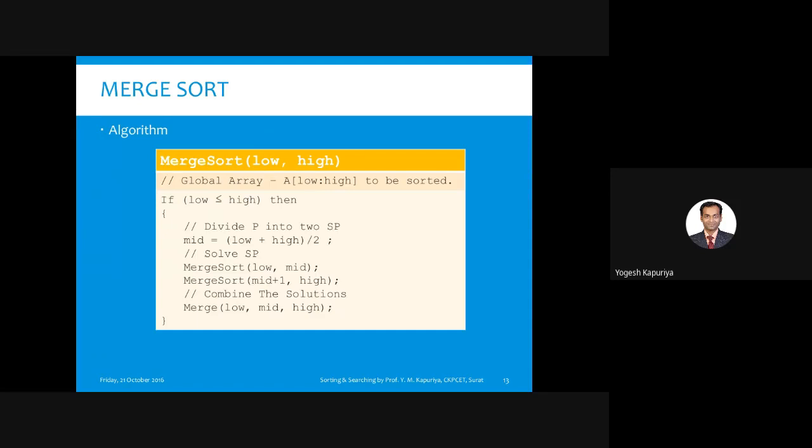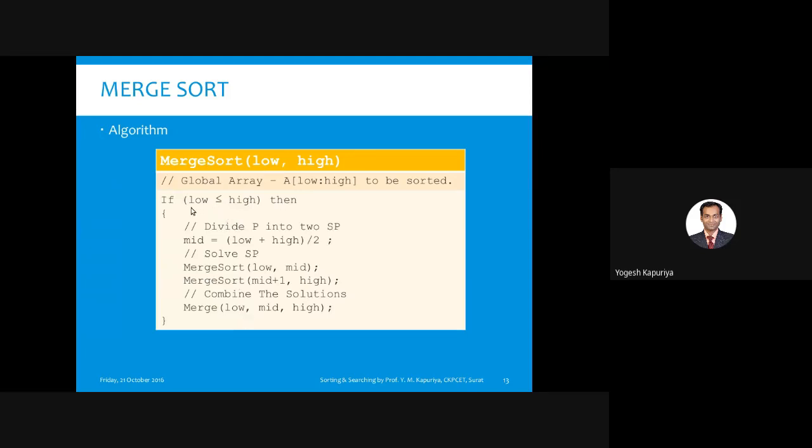Low becomes high means, from the array perspective, the first element is at 0 and the last element is also at 0. That means there is only one element. Similarly, if you are starting from 2, that means your low is 2 and your high is also 2. That indicates there is only one element. So till that point you will keep on dividing.